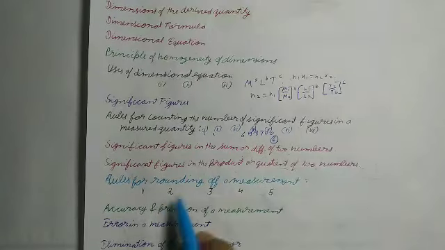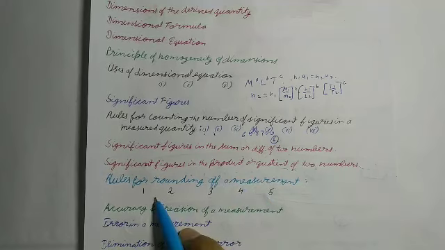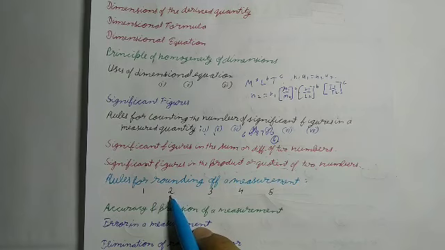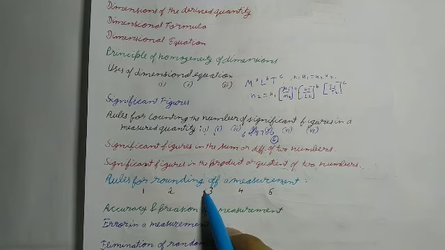Now, rules for rounding of a measurement. First, if the digit to be dropped is less than 5, then the preceding digit is left unchanged. Second, if the digit to be dropped is greater than 5, then the preceding digit is increased by 1. Third, if the digit to be dropped is 5 followed by non-zero digits, then the preceding digit is increased by 1.